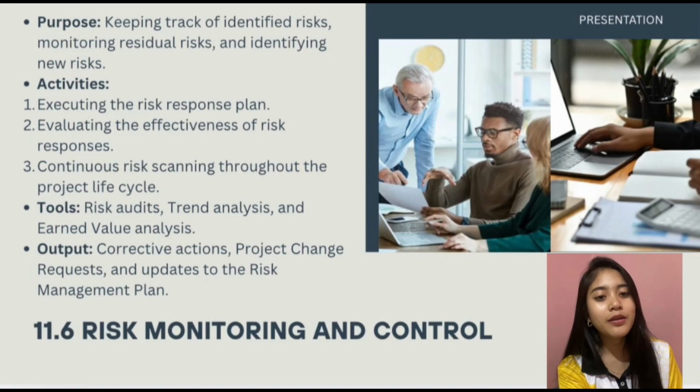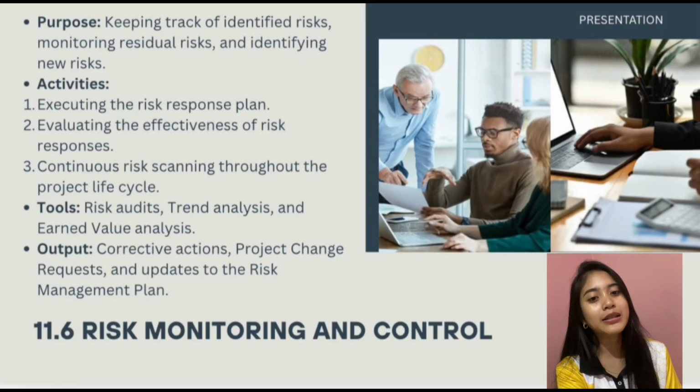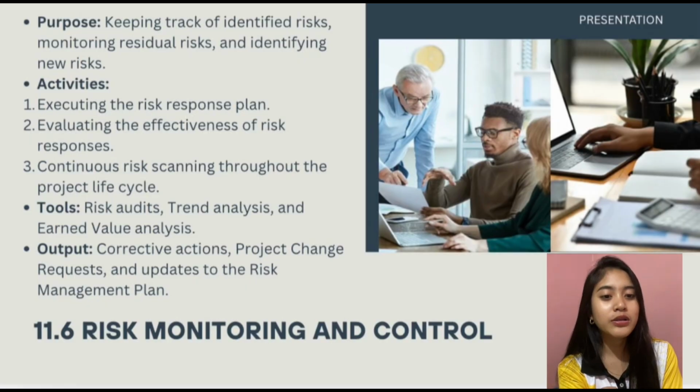The outputs of risk monitoring and controlling include corrective actions, which are the steps taken to fix problems or reduce risks and impacts. It may also result in a project change request where modifications to the project plan are proposed in response to risk.